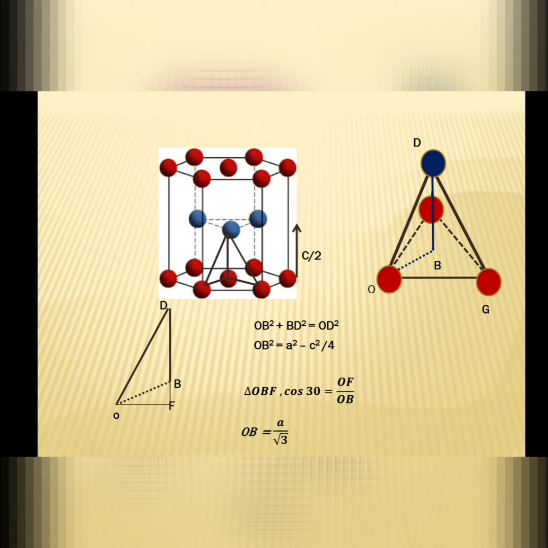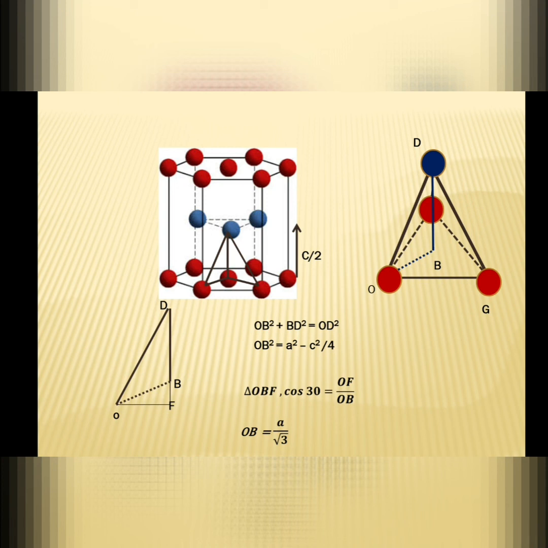Hence cos 30 degrees is equal to OF by OB. Again OF is equal to OG by 2, and OG is equal to the edge length, that is a by 2. By putting the value of OF and cos theta, we can get OB is equal to a by root 3.